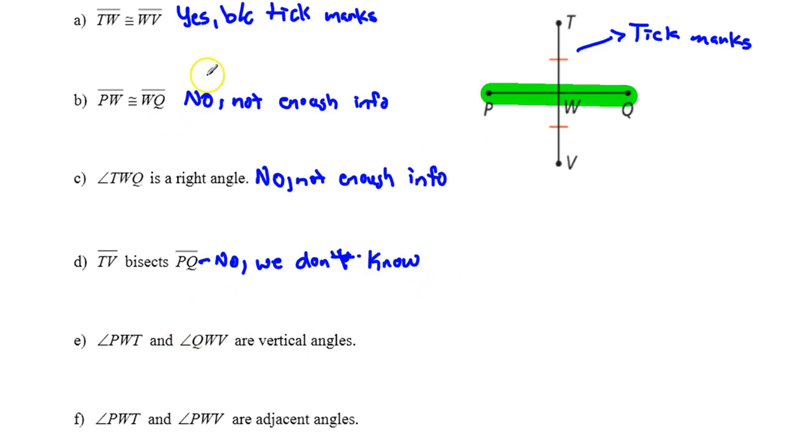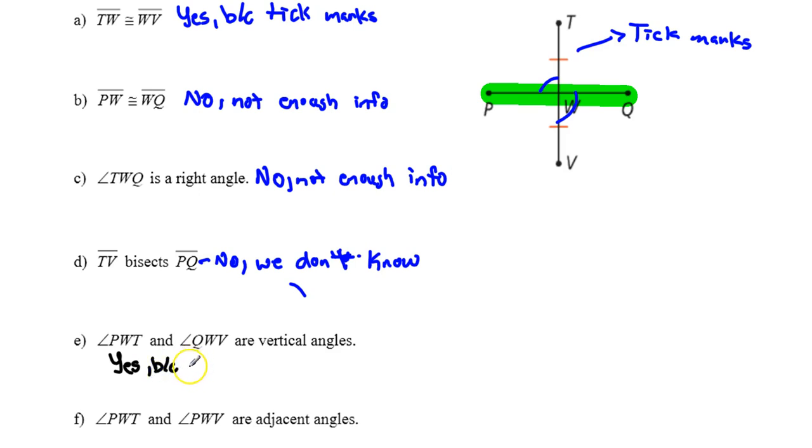All right, now, next part, PWT. So that's this angle here, angle PWT, and angle QWV, that would be this angle right here. Are those vertical angles? And the answer to that is yes. Okay, why?